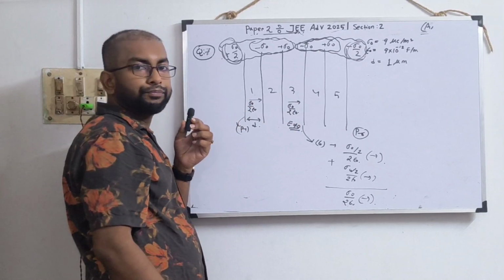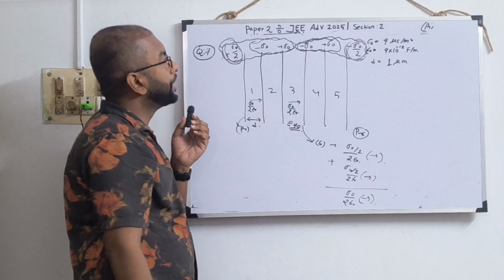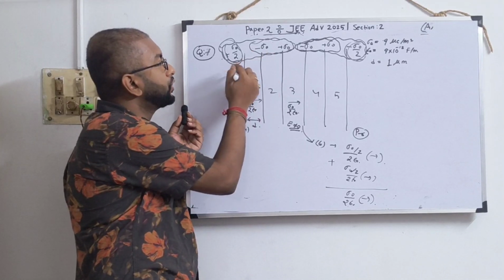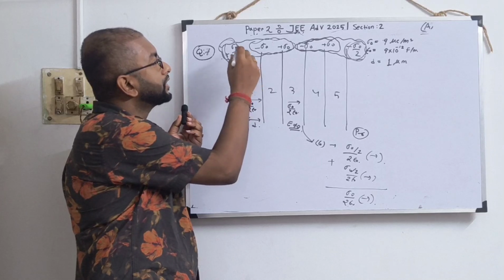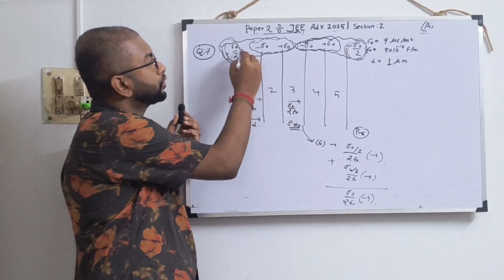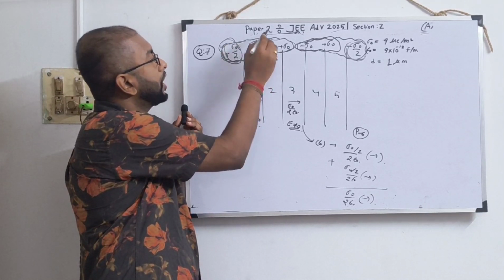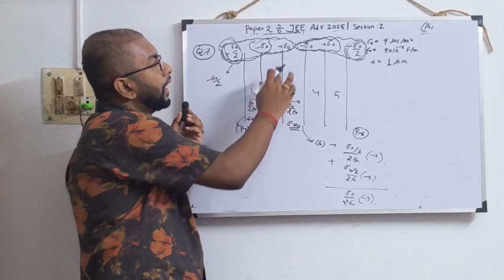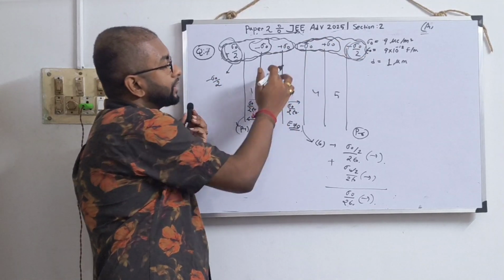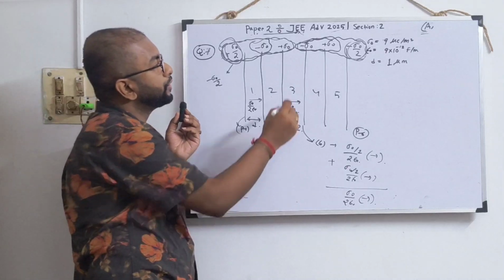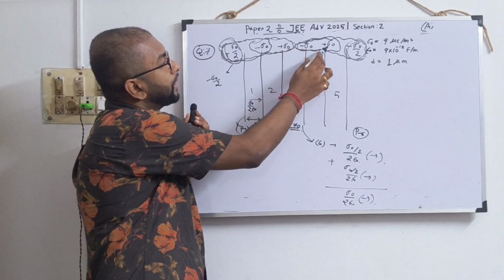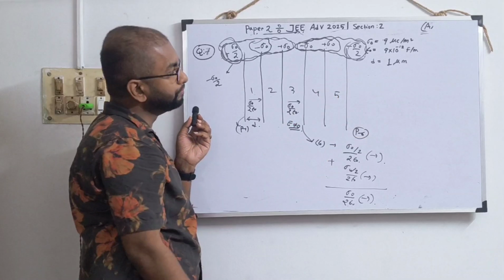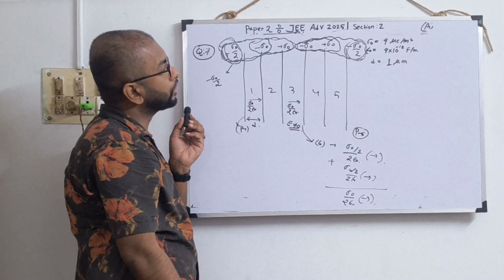Again, region number 2. The net charge to the left-hand side of region 2 is becoming minus sigma naught by 2. So the total addition of these two will ultimately give minus sigma naught by 2. And the total charge to the right-hand side of region 2 is going to be this one plus this one plus this one plus this one, which is plus sigma naught by 2.